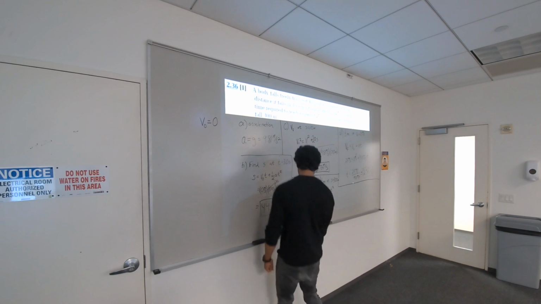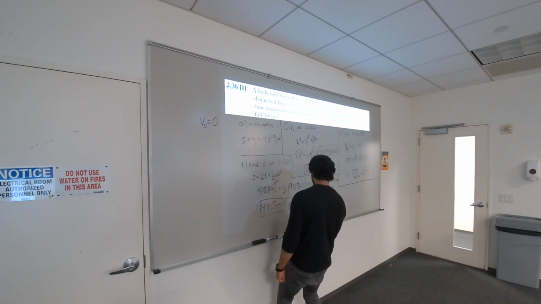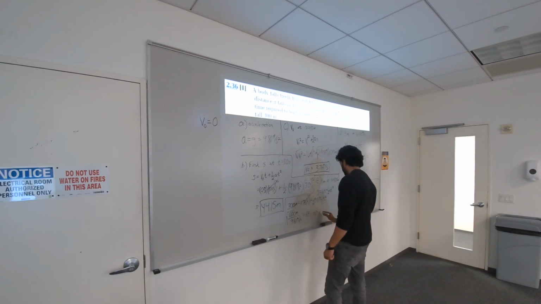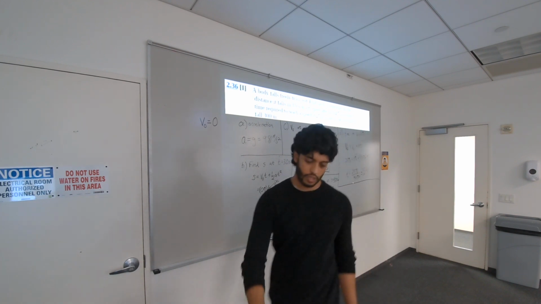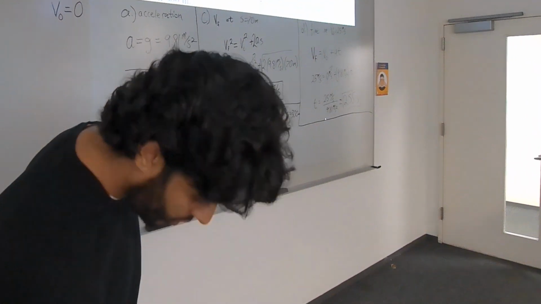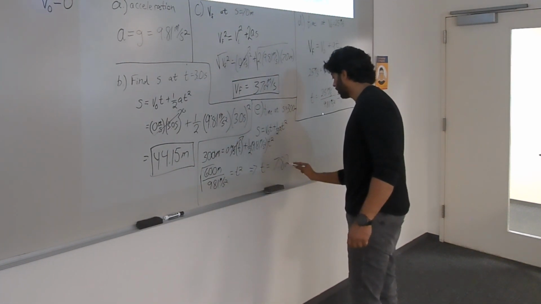That would be 600 over 9.81, then square root of that, t equals 7.82 seconds.